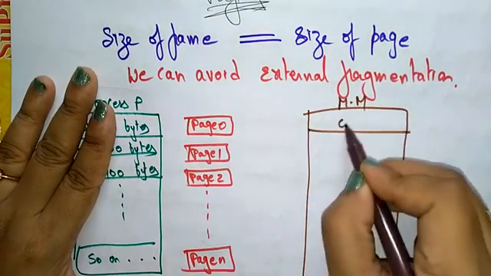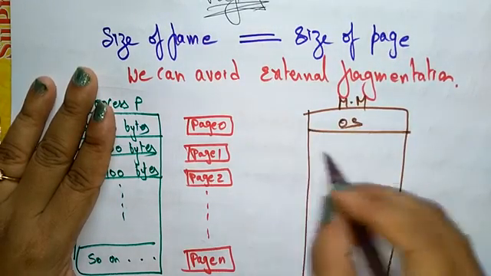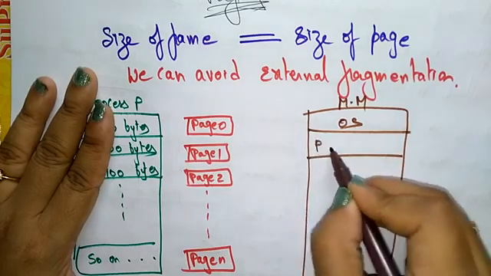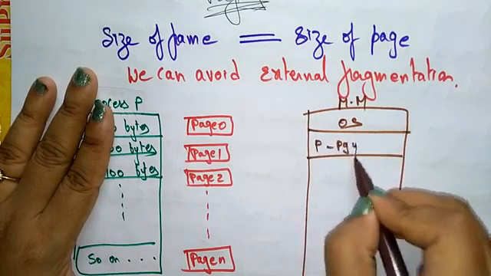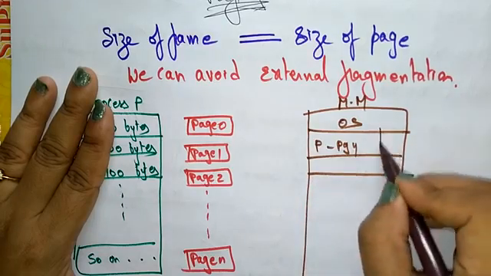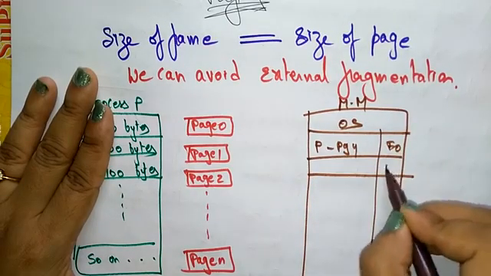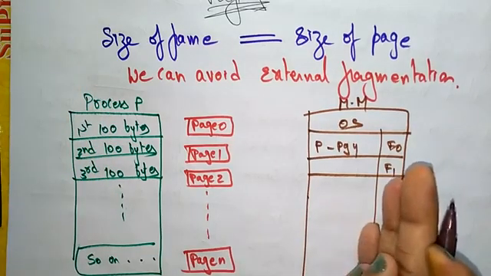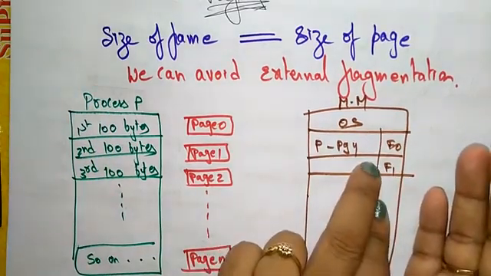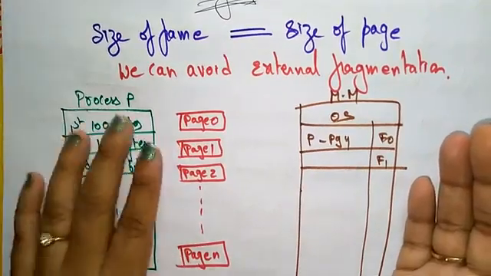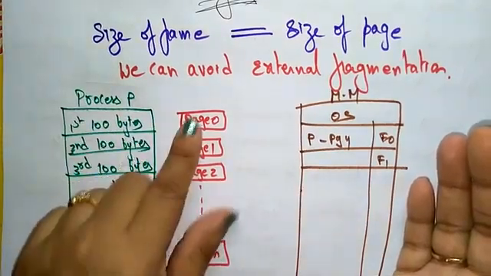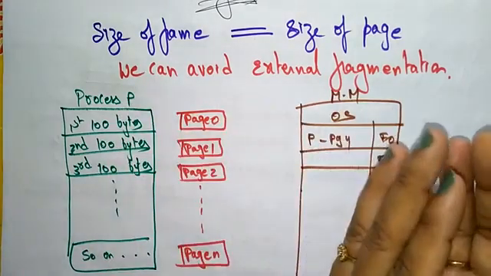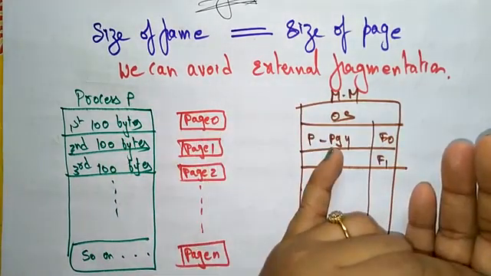Here the operating system is there. Now here is process P, with its pages, and here F0, F1 are the frames. So if you're talking about main memory, it is divided into frames, and the logical memory, the virtual memory, is divided into pages. Whatever data we send from virtual memory to main memory is sent in the form of pages.